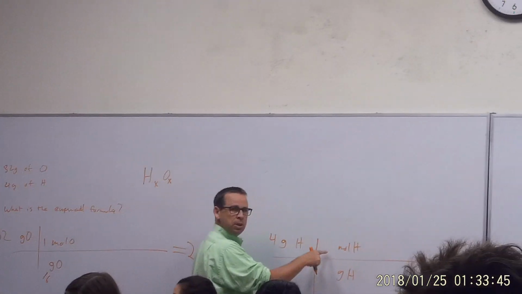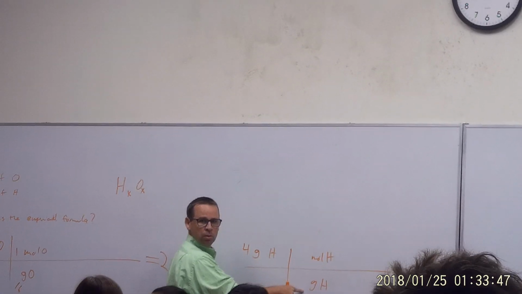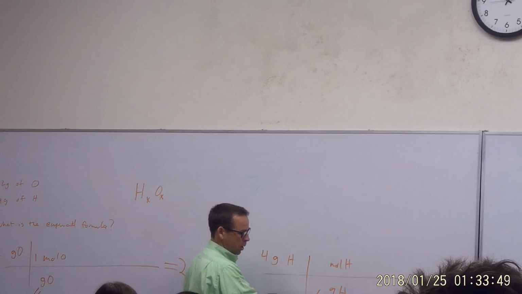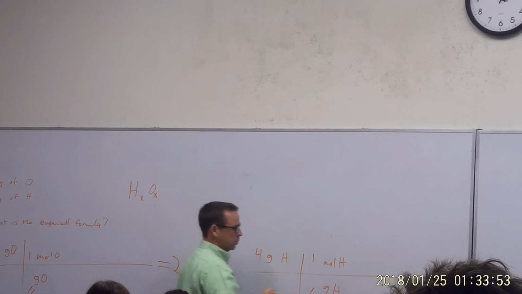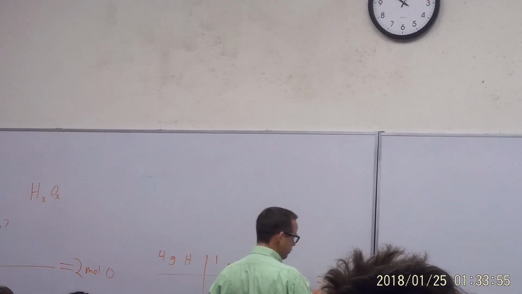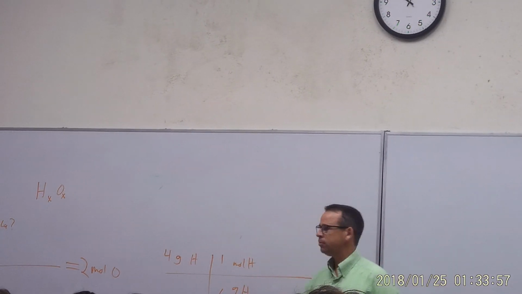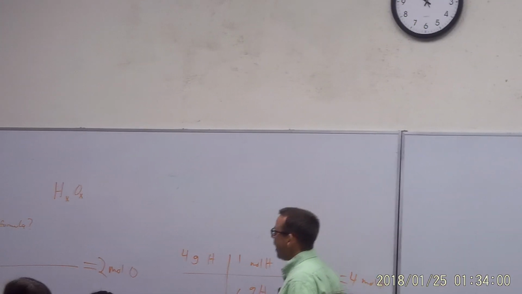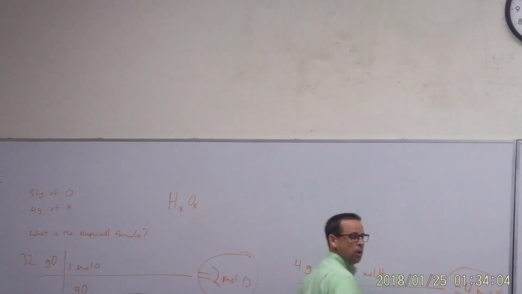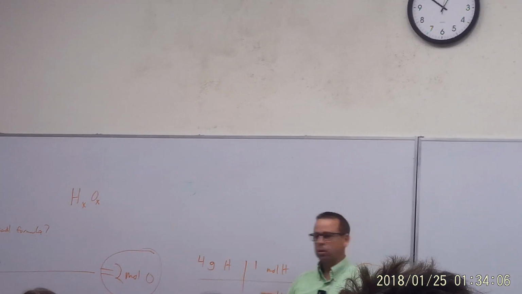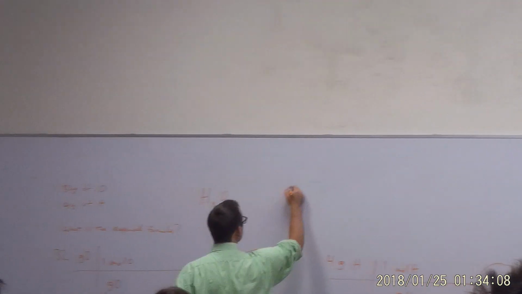What's the relationship here? 1.001 or whatever it is, grams for every 1 mole. Very good. So I have 4 moles of hydrogen. So now I can use this 2 and this 4 where? As the subscripts in my empirical formula.